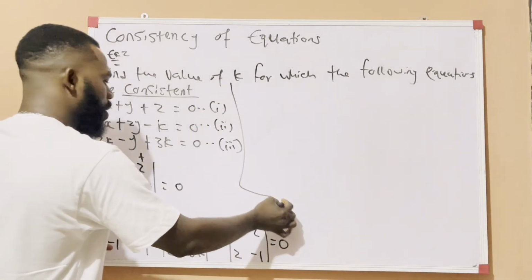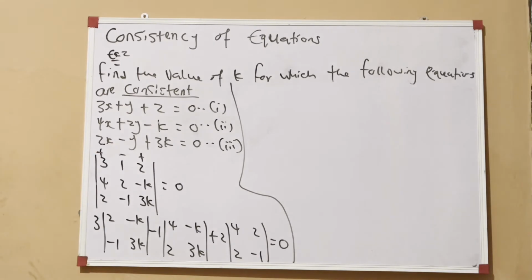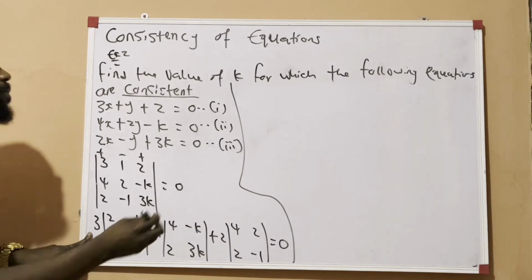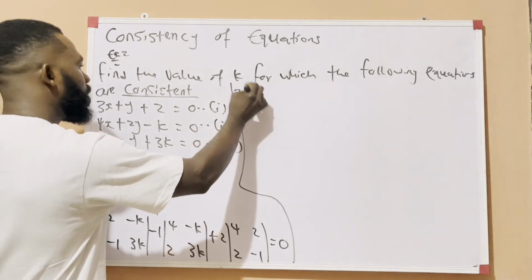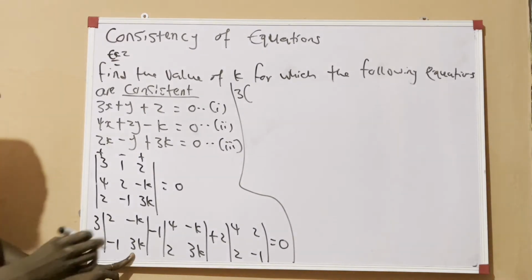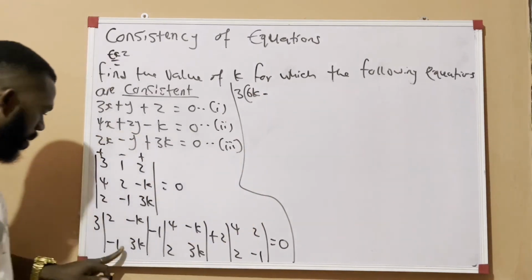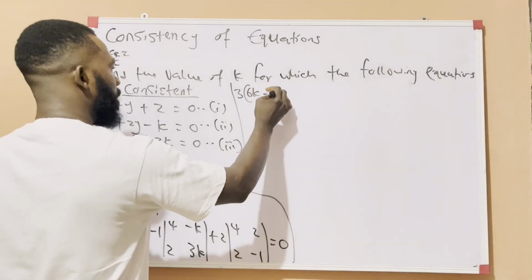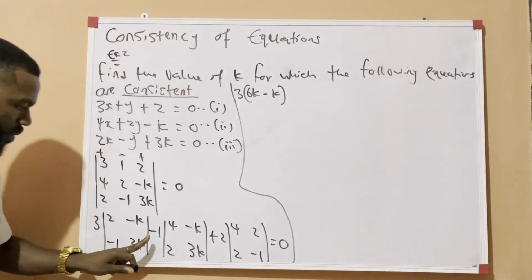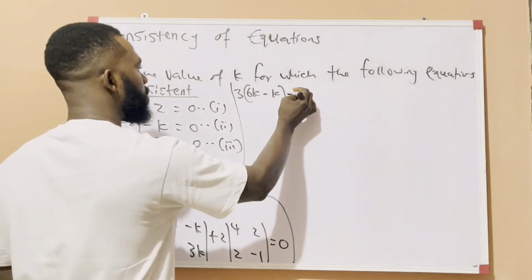Okay. So now, let us proceed with this. Here we have 3 into the bracket of 2 multiplied by 3k gives us 6k minus 1 multiplied by minus k gives us positive k. Okay, minus 1.